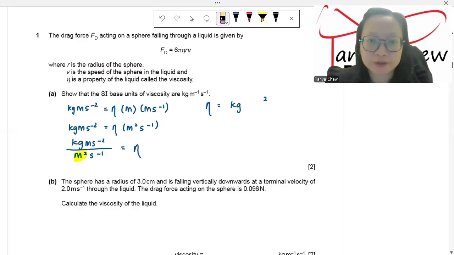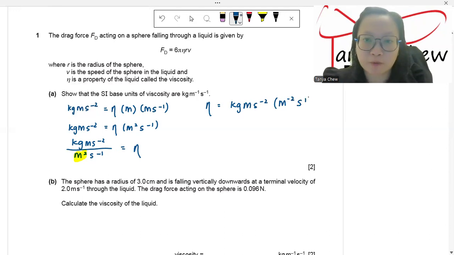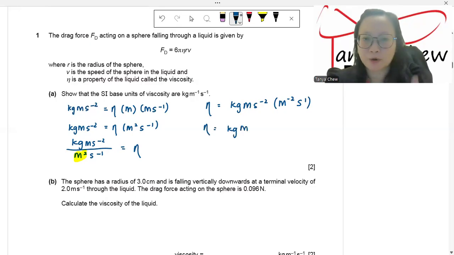Or I write it again. This is meter per second square, and then I just shift this meter square per second. This one will become meter per second, meter negative 2, second to the power of 1. Now the unit of viscosity is kilogram, meter, second. Remember, in multiplication, the powers you have to add.